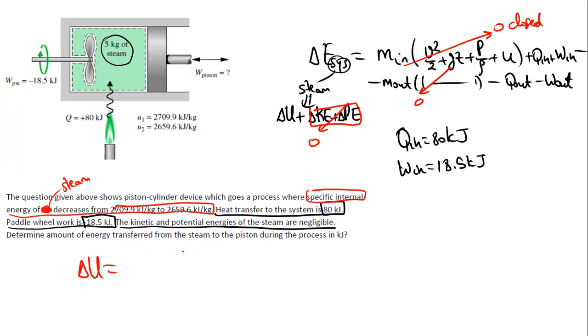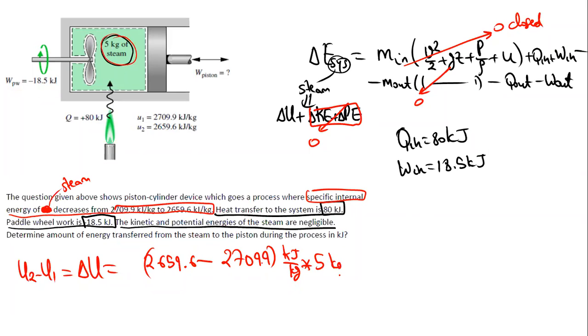Delta U will be 2659.6 minus, when I say delta U, it is U2 minus U1, minus the U1, which is 2709.9. This one is kilojoules per kilogram. And I should multiply with the mass term here, which is 5 kilograms. And therefore, you will have the kilojoule term here.